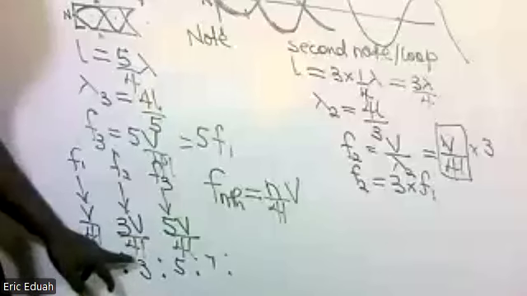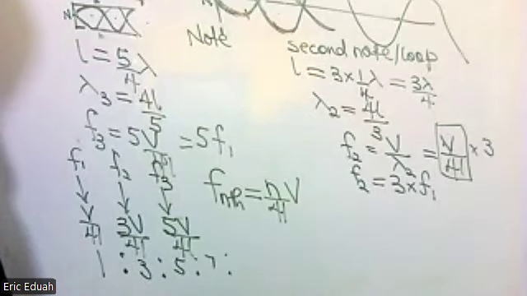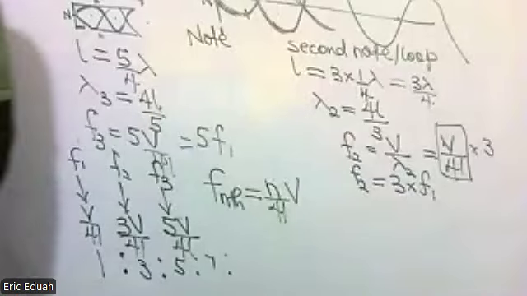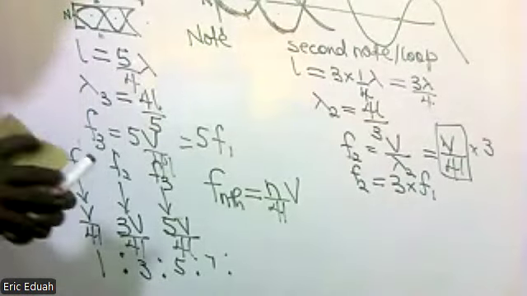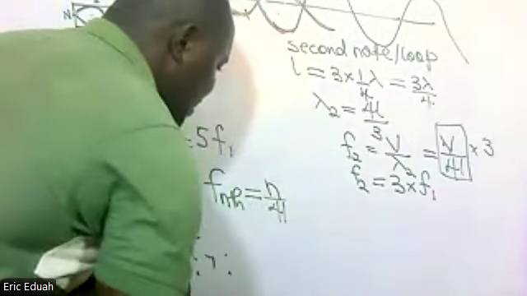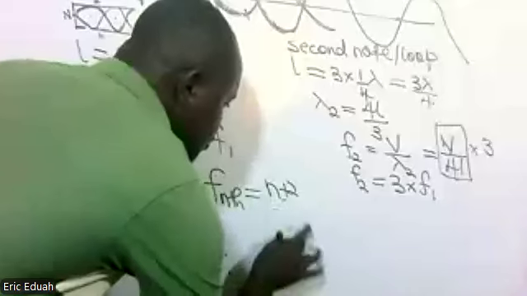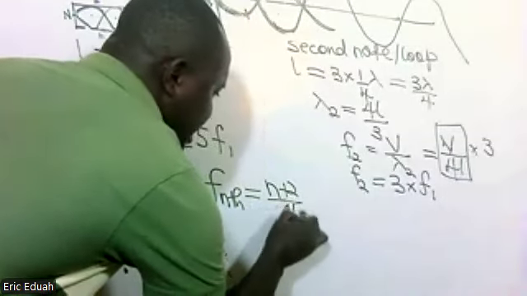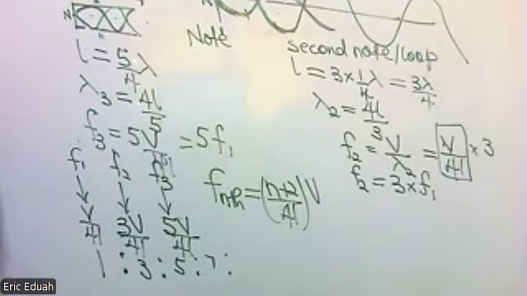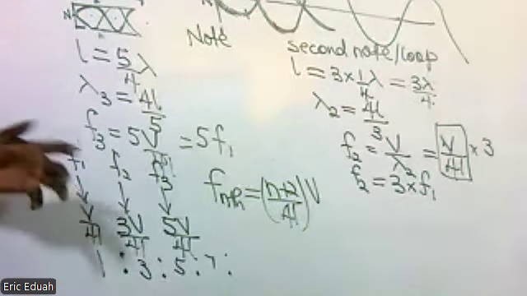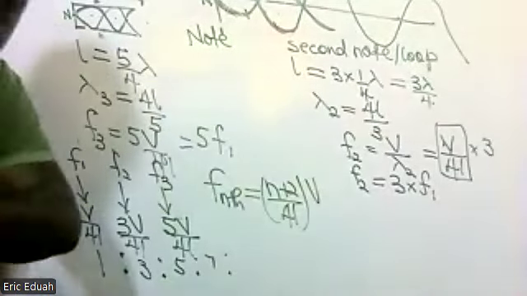Can it be n plus 2? I just want to try what you are saying. So we get n plus 2 over 4L times V. Let's try.